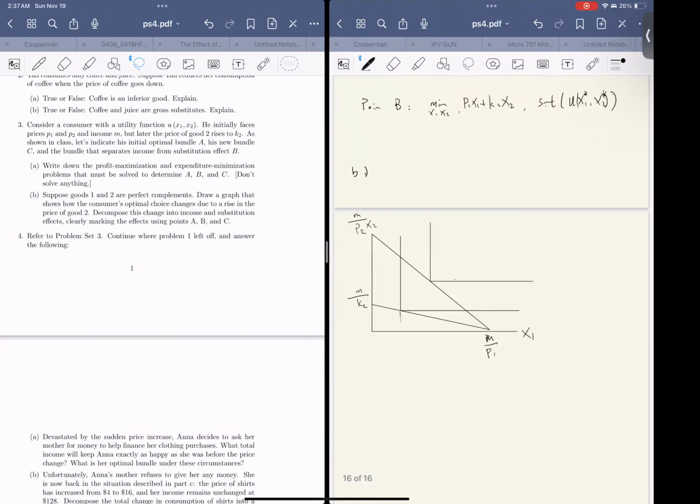You can move this new budget line, and it's still the same point. No matter where you move, it's gonna be the same point. You can't touch here, it doesn't really work. So there's no substitution effect.